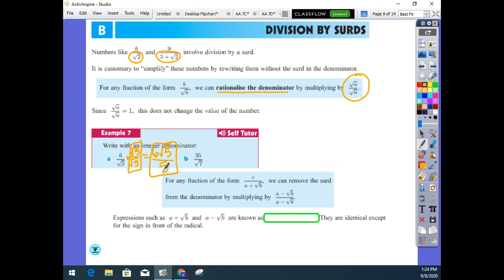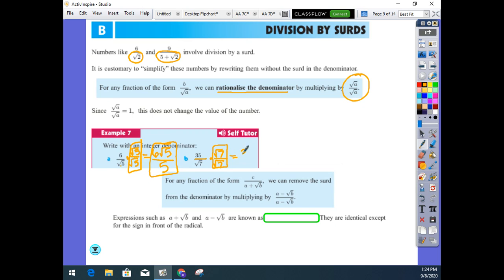So in letter B, what is the problem? The problem is the square root of 7 in the denominator. What will fix the square root of 7? I need to fix it with the square root of 7, and I have to multiply the top and the bottom. So I am multiplying by a value of 1.